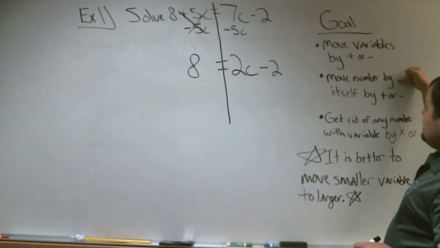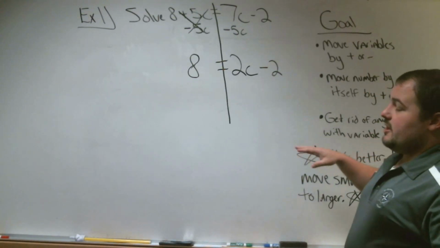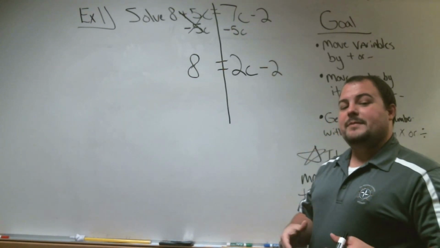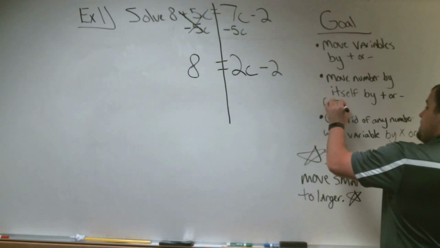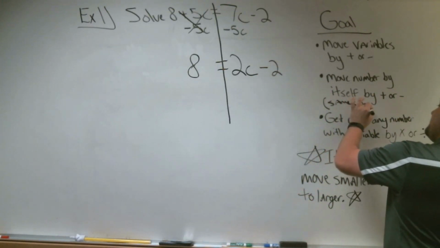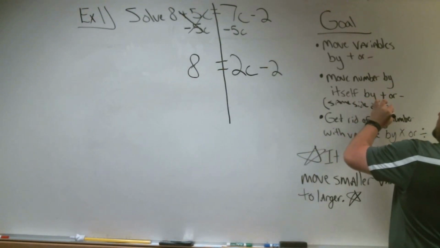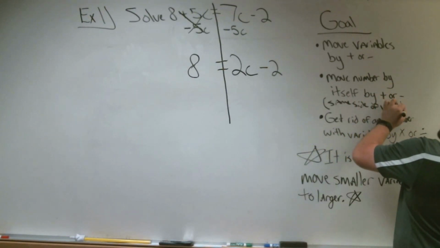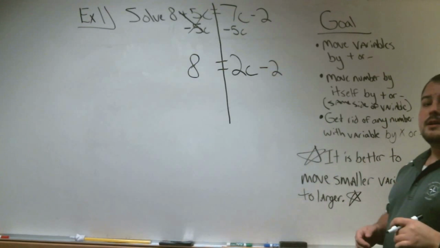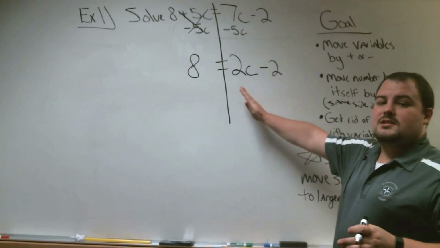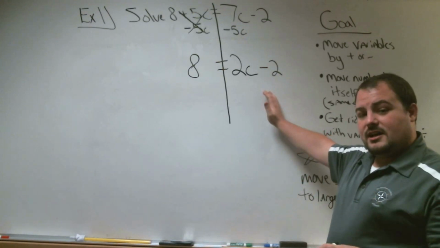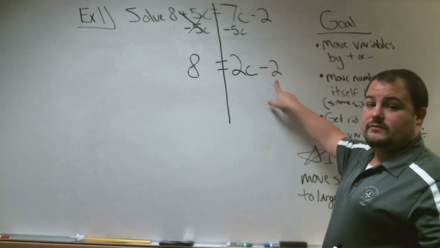Next thing, we're going to move the number that's by itself by adding or subtracting. And what I mean by itself, I mean on the same side of the variable. So we're going to say same side of variable, and I'm putting this in parentheses. So if we look on the same side of the variable, the number that doesn't have a variable is a negative 2.